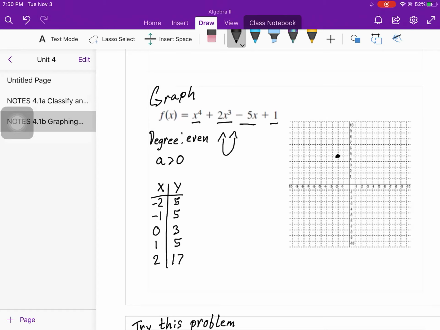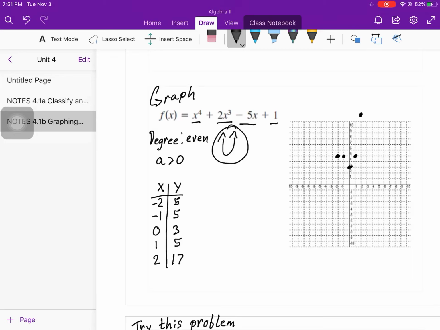So let's go ahead and plot these as best we can. So -2, 5 is back 2, up 5. -1, 5 is right here. 0, 3 is right there. Over 1, up 5 is right there. And then 2, 17 is going to go off. So I'm just going to put a point up there to show that it's going to go off.